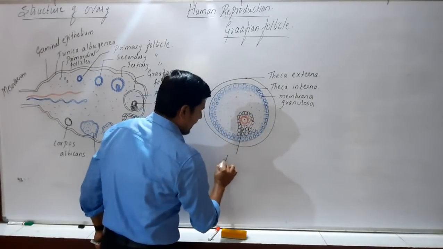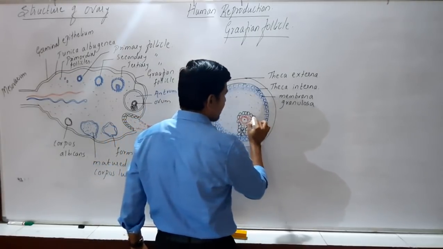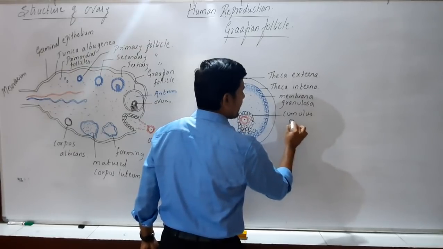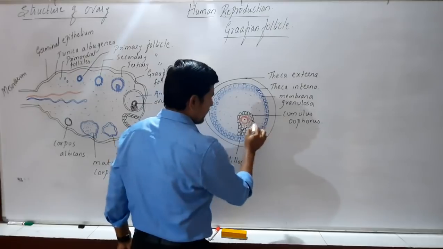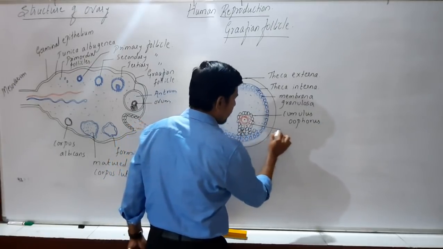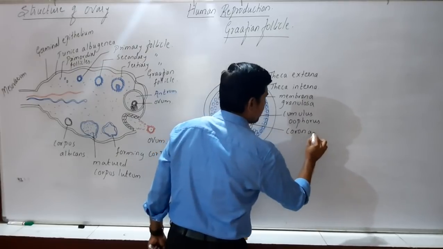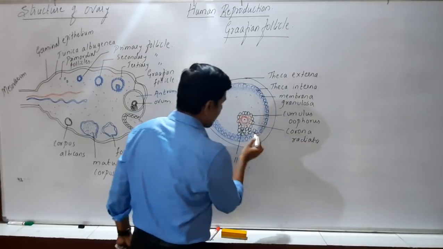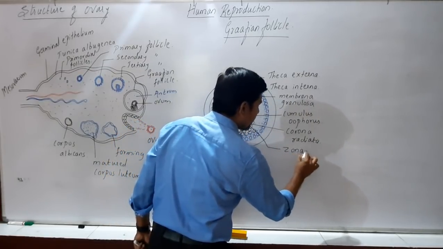This is also called the hillock, which is surrounded by certain cells called cumulus oophorus cells. Then the outer layer cells are called the corona radiata. Below this we have the zona pellucida.